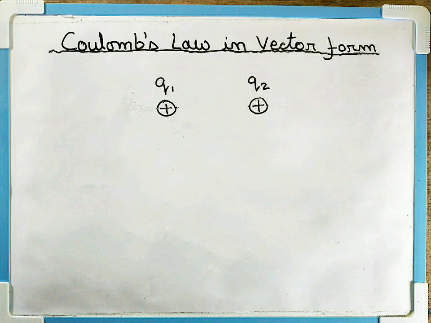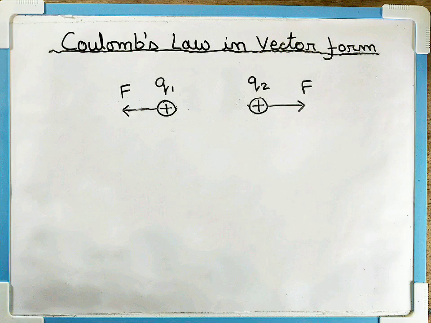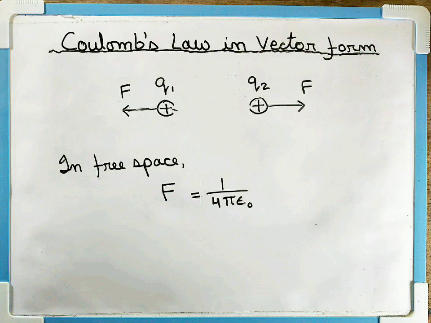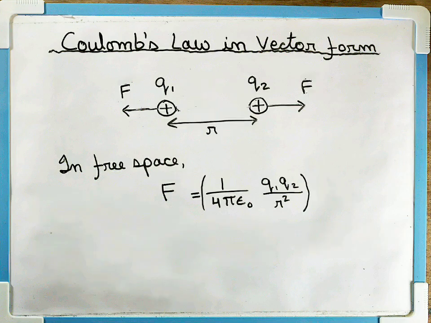Since both these charges are positive, they will experience a force of repulsion, which is given by Coulomb's law. If they are placed in free space, then that force is equal to 1 by 4 pi epsilon naught Q1 Q2 by R square, where R here is the distance between the two charges.